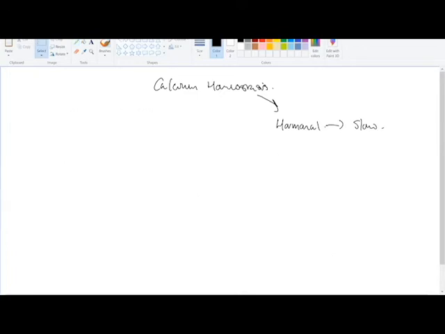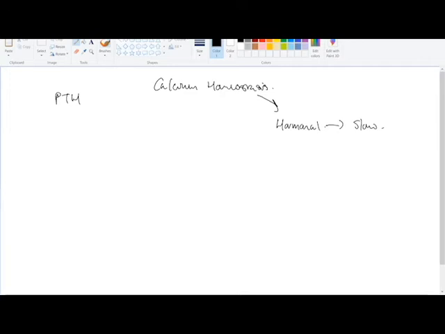Right, so time to have a look at first of all what parathyroid hormone does. So let's start up here. So parathyroid hormone.